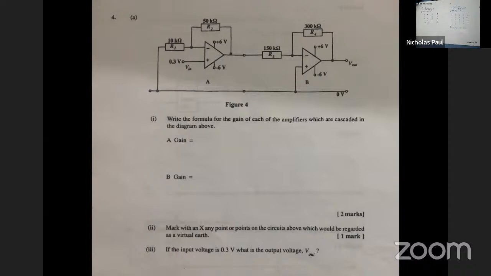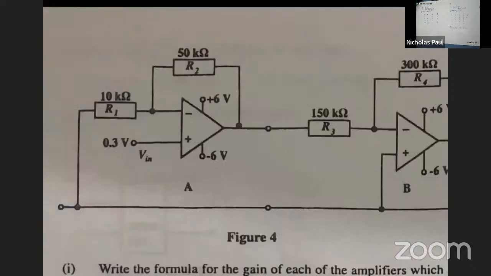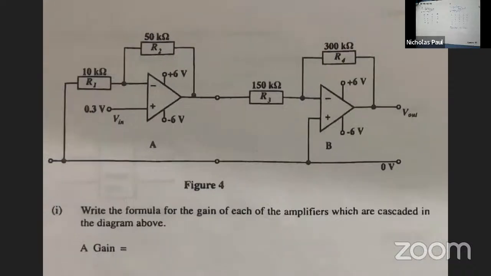So where is the virtual earth? There are 2 points. R2 to the left, go down, that's one, and then R4 to the left, go down, and one there.